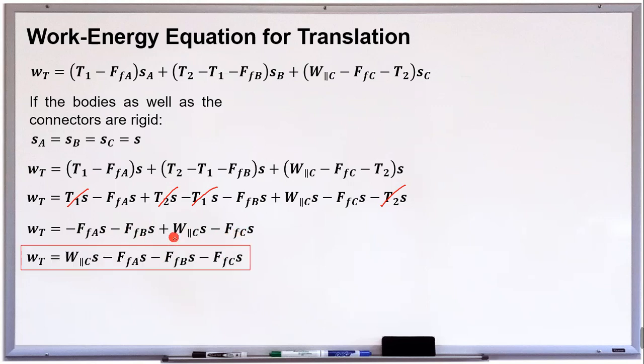Next, we are going to rearrange this one. So the amount of work done in the system is equal to the parallel component of the weight of block C multiplied by the displacement minus the negative works that are present in the system.